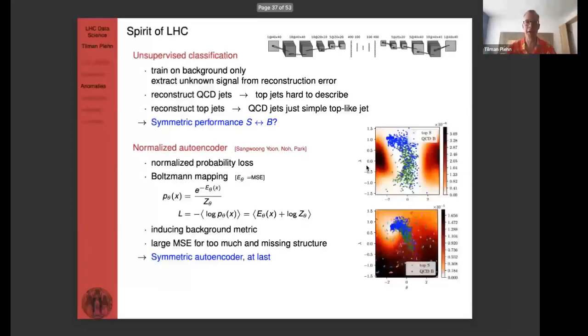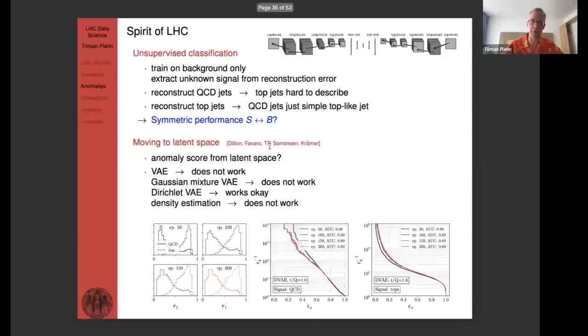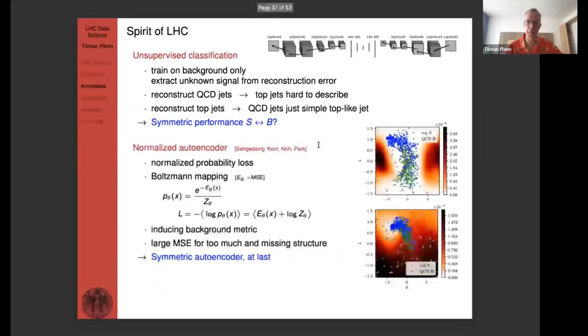But then our collaborator here, Peter Sørensen, found a paper written by a Korean group, including a Korean graduate student, Sang-Moon, and they proposed a new kind of autoencoder.